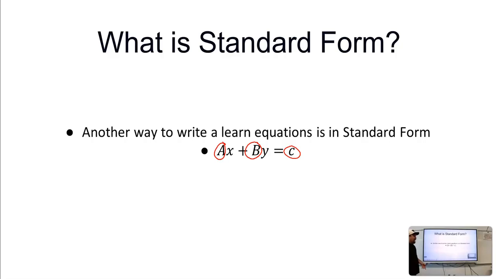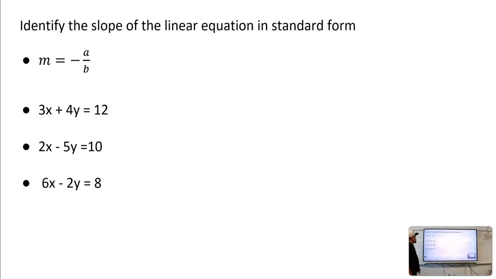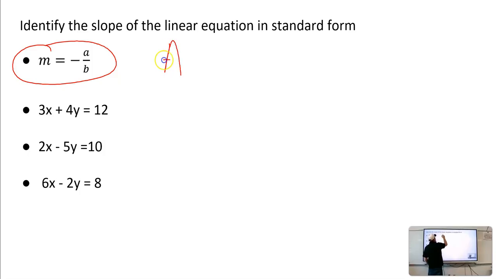First, let's take a look at how I identify the slope. We have a simple formula for us. It is m equals, the slope equals negative a divided by b. So if you can recall, standard form is ax plus by equals c.